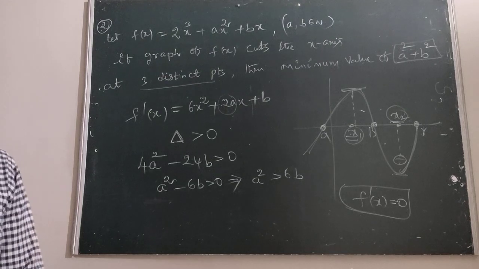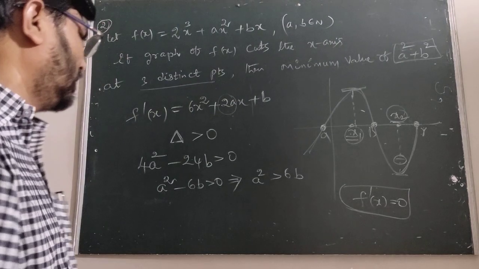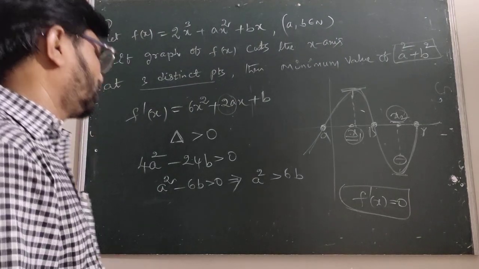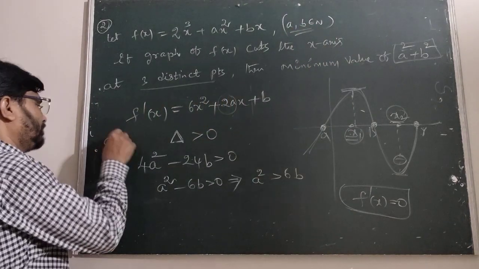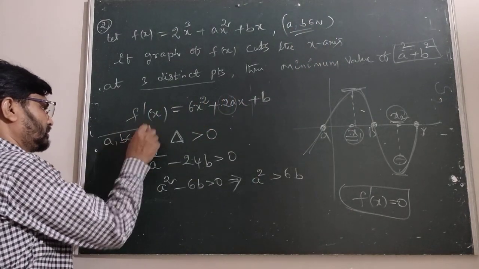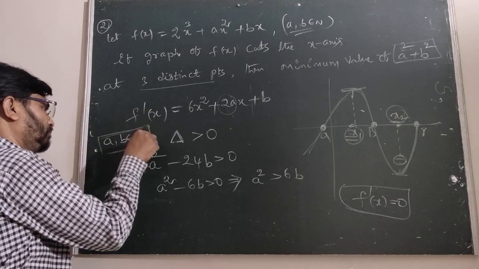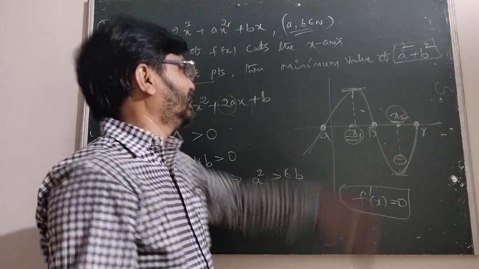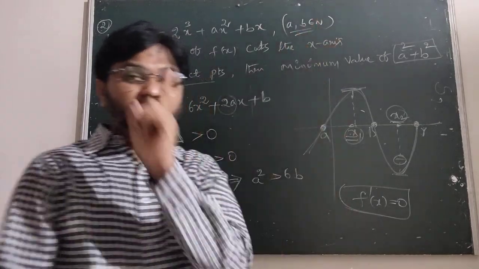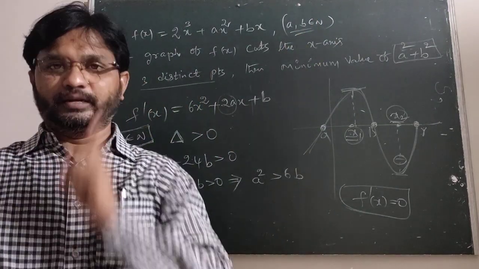So here we find the minimum value of a square plus b square, where a and b are natural numbers. We observe from a comparative point of view. We take the least number in the natural numbers, which is 1.